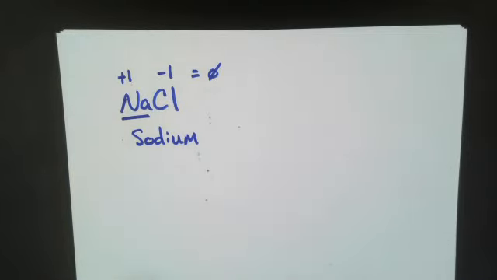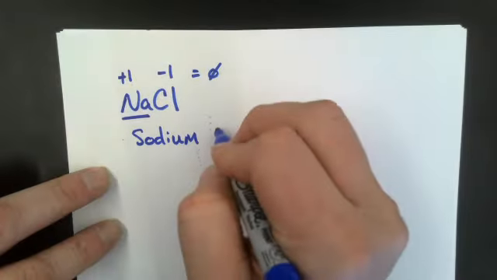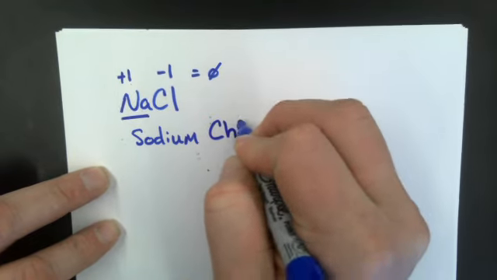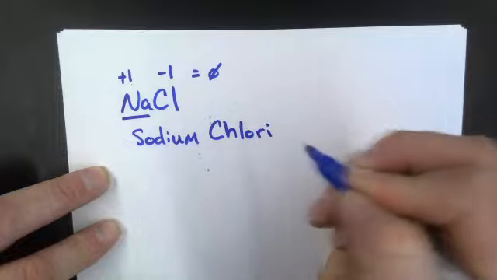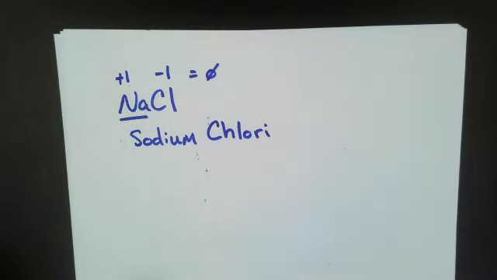The non-metal name is going to be second, and we are going to keep the majority of its name, but we're going to change the last couple of letters to show that it's part of a chemical bond.